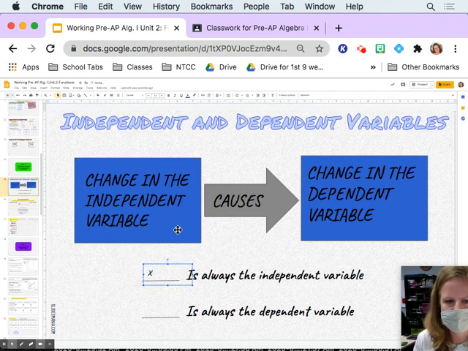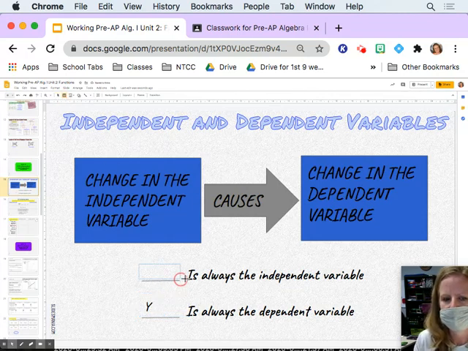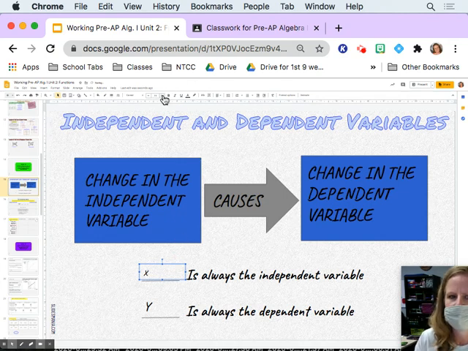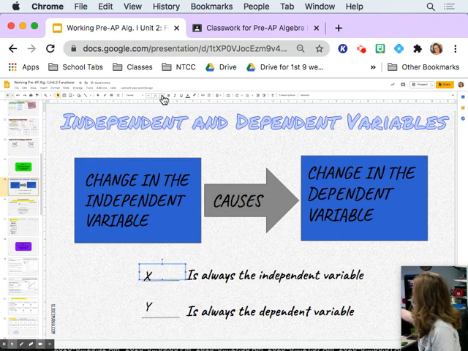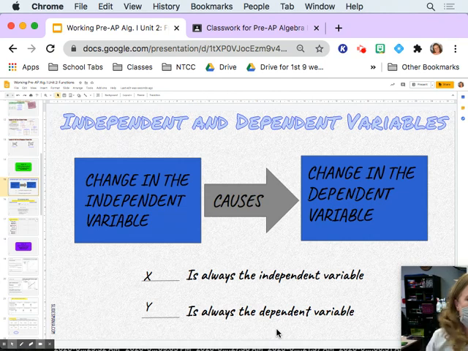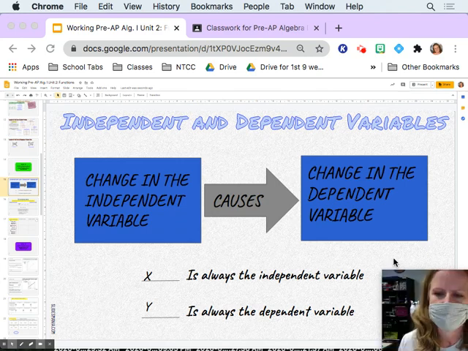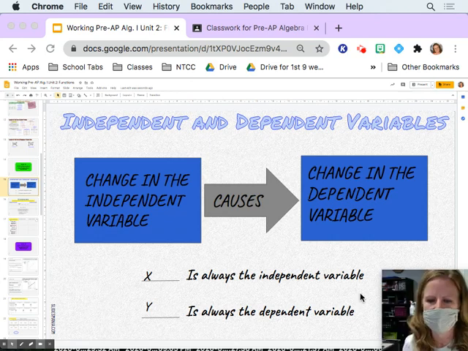So X and Y. So independent is your X and dependent is your Y. Okay, let's go to the next slide.